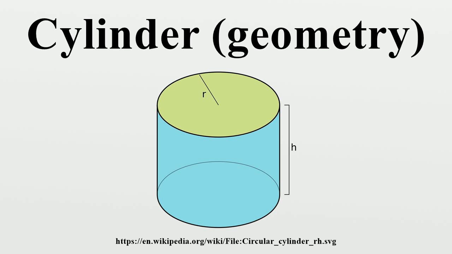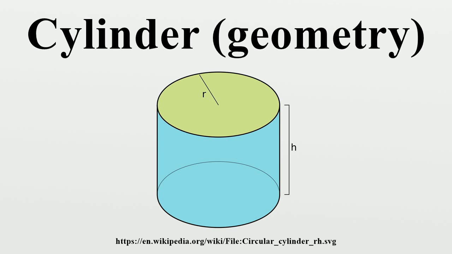The surface area of a cylinder is made up of three parts: the area of the top, pi r², the area of the bottom, pi r², the area of the side, 2 pi rh. The area of the top and bottom is always the same, and is also called the base area. The area of the side is also known as the lateral area.